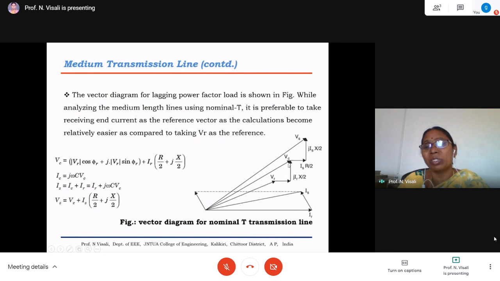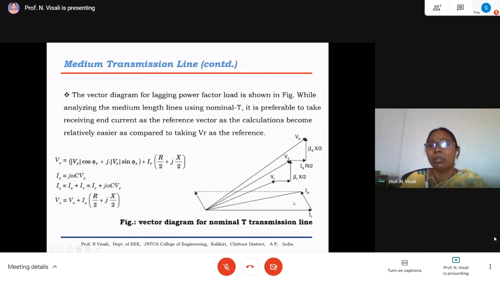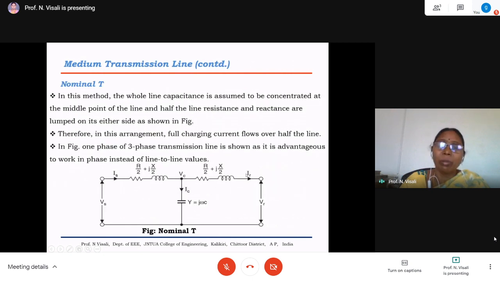To this midpoint voltage, if we add IS R by 2 plus j times IS X by 2, we are going to get Vs. Here you can observe this IC: IR and IC are added, and we get IS.